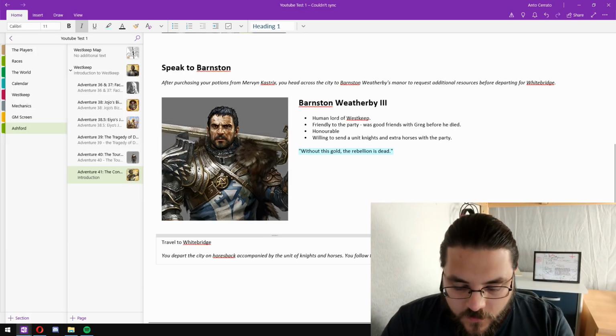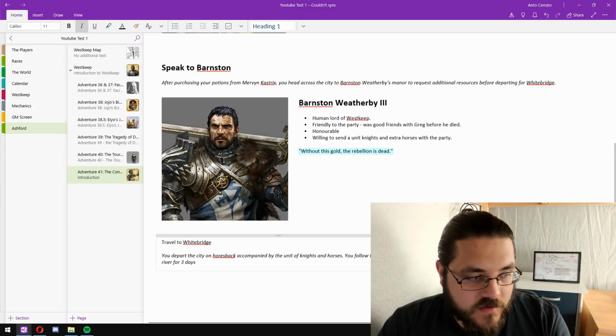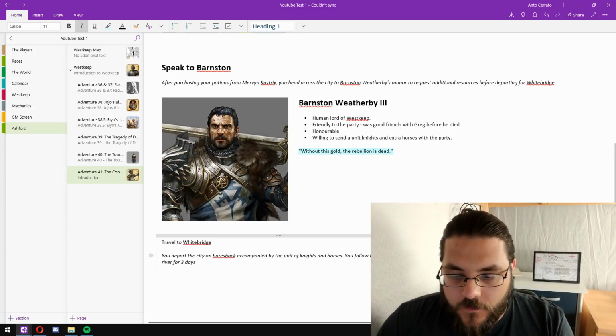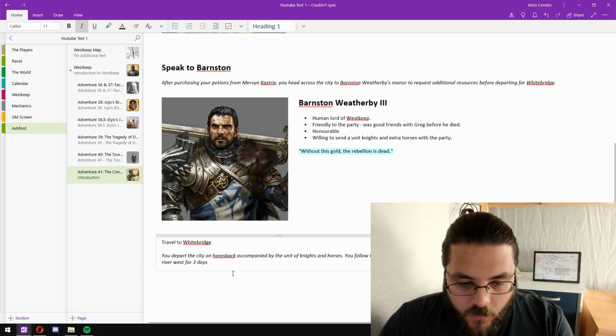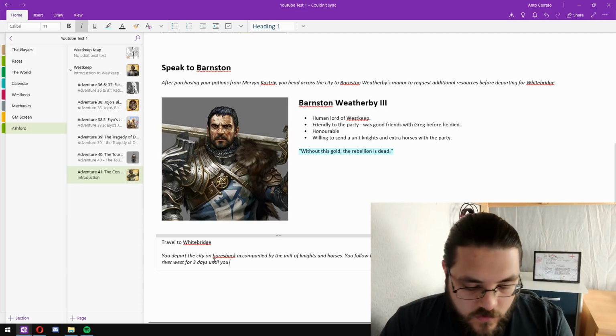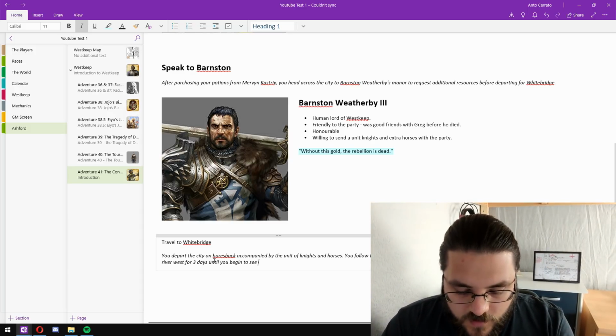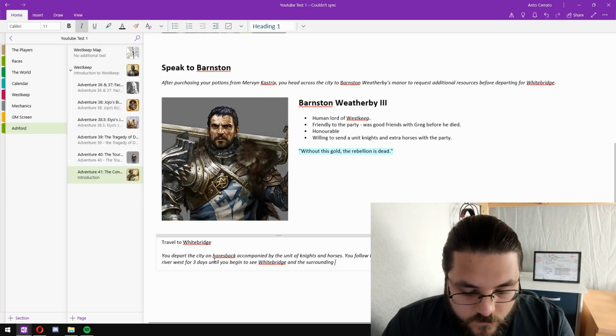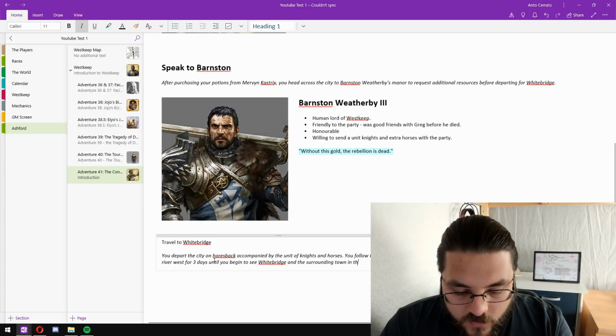You follow the Donus River for 3 days, I think the travel time is. And we know the Donus River, I know they're going west. 3 days until you begin to see Whitebridge and the surrounding town in the distance.